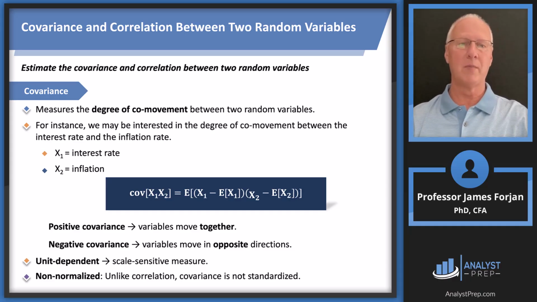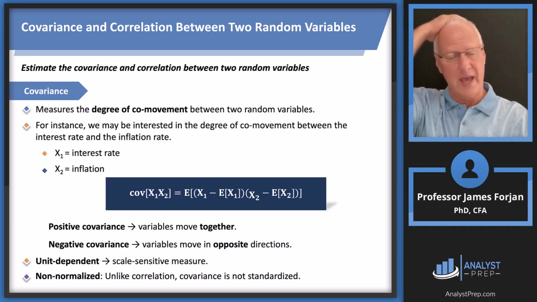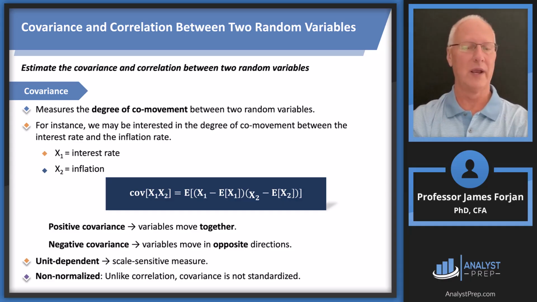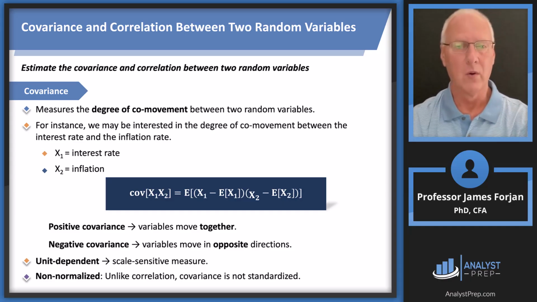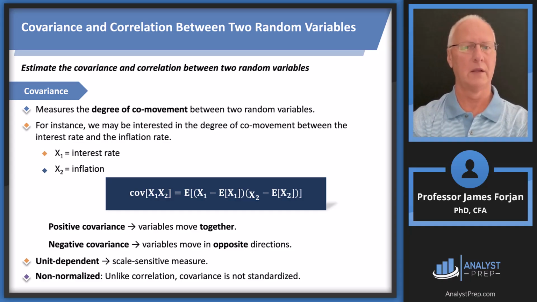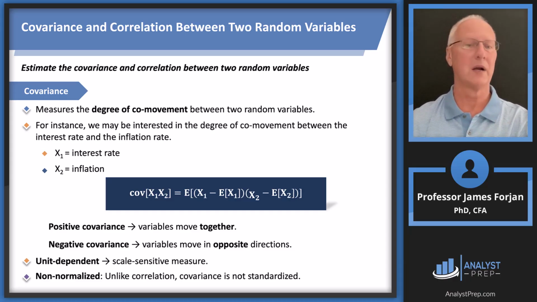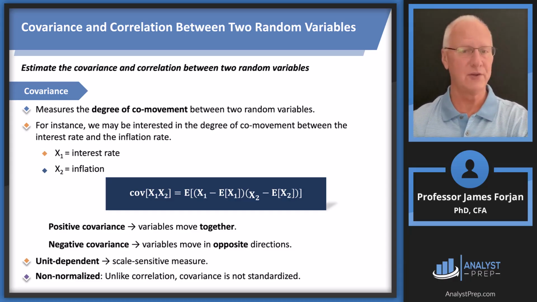So when you look at that covariance number, you have to scratch your head and say, gosh, what does that mean? How do I interpret that? Well, it's tough to interpret a covariance. That's why we standardize it. We take the covariance, put that in the numerator, and we divide by the product of the two standard deviations.